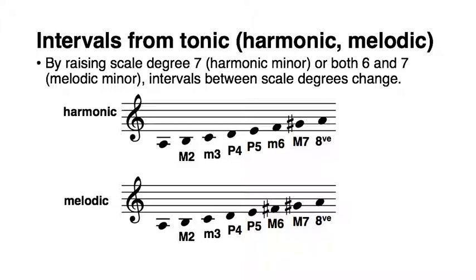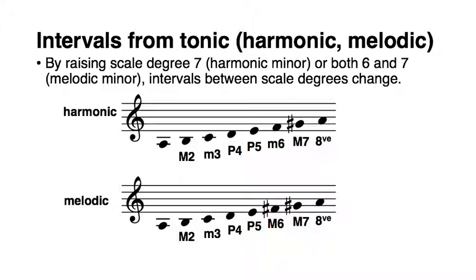However, with minor scales, we have an added layer of complexity or difficulty, which is that a minor scale can have one of 3 forms or appearances, so to speak. The natural minor scale is the one that abides by the key signature, that is, obeying the accidentals that are provided in the key signature.